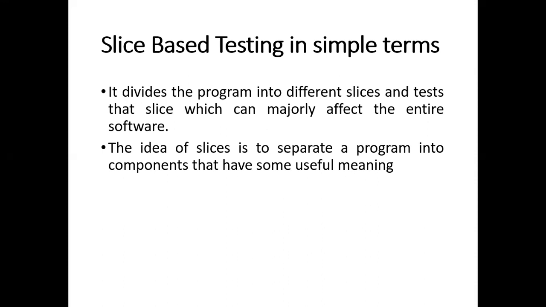Usually these program slices are the core program logic slices. අපේ entire software එකේ slices හැදුවට පස්සේ ඒ කොටස් represent කරනවා software එකේ business logic එක or the program logic එක, right?